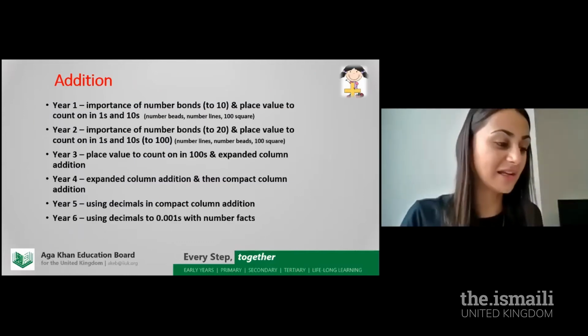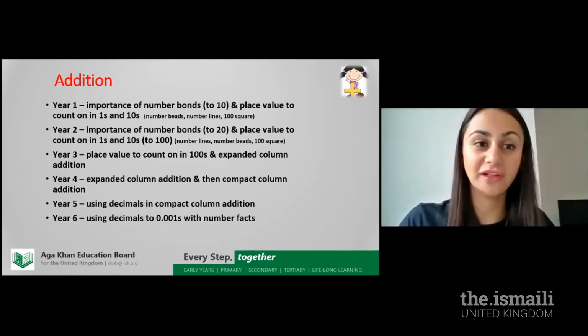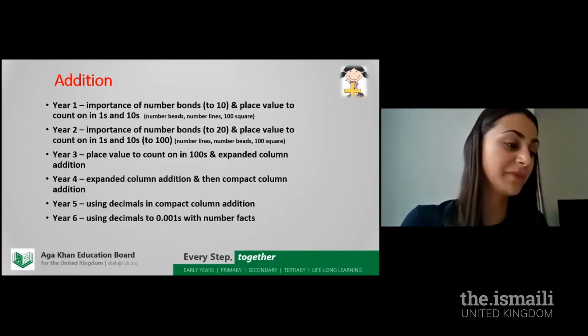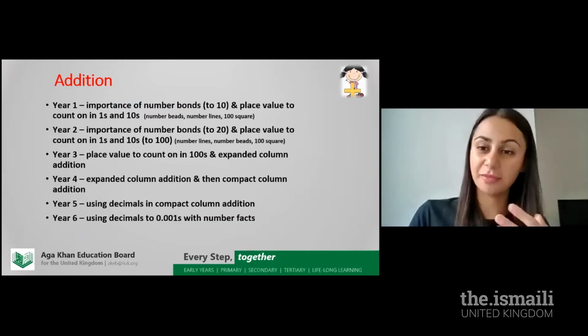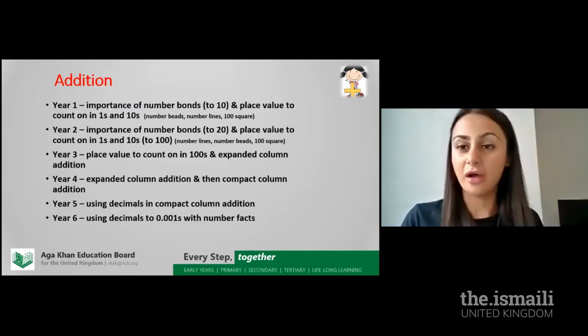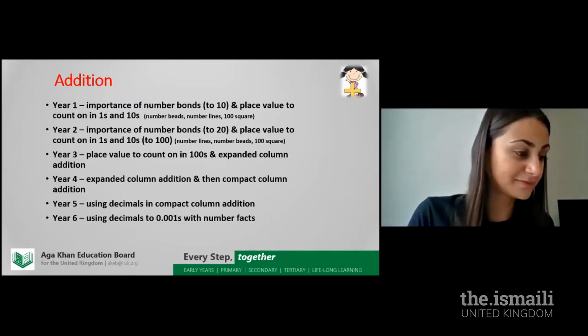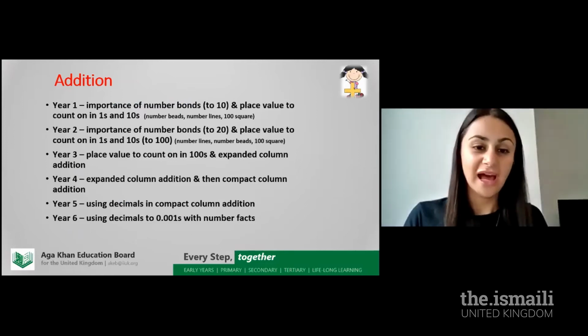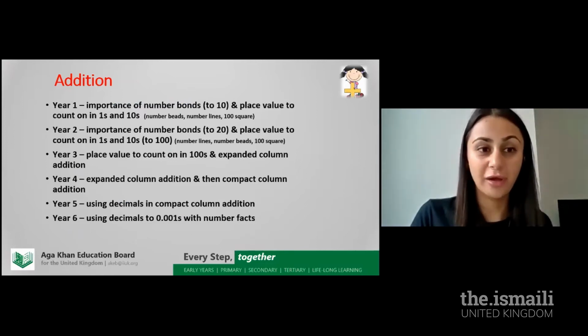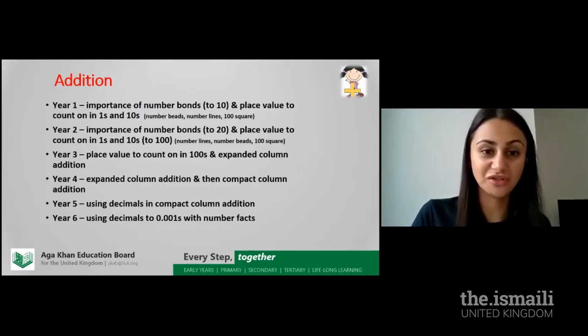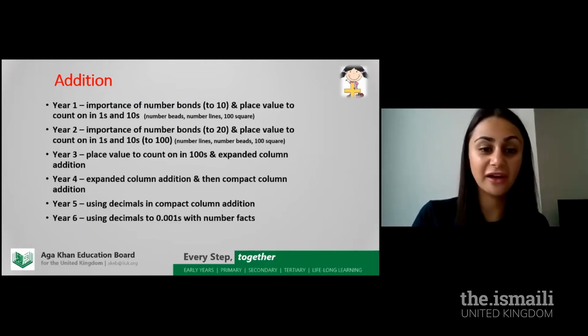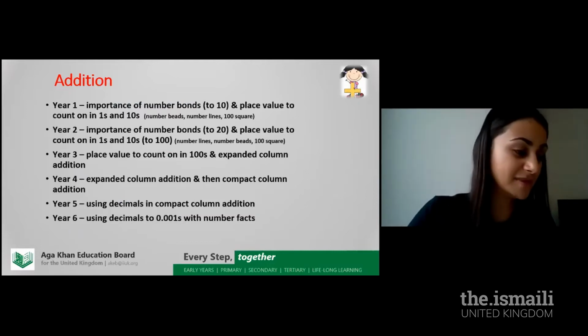So we're going to take a look at the progression of addition through the primary curriculum and how each year builds upon the year before within primary schooling. As a main theme throughout addition and subtraction in primary schooling, there's a very strong emphasis on place value, which I'm sure you can see from the slide. The word place value crops up a few times.